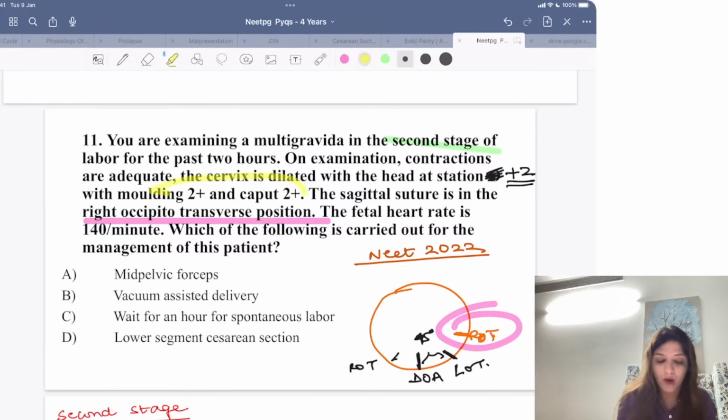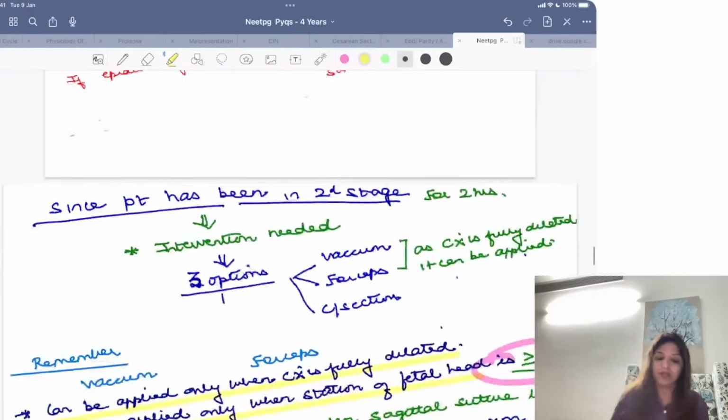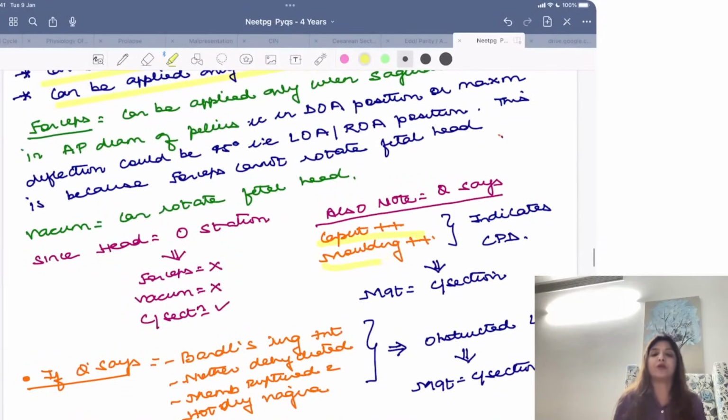Because they have given one more thing, and that is molding and caput. Whenever these two terms are present, molding is present and caput is present, both of them present, it indicates cephalopelvic disproportion and you have to do a cesarean section.